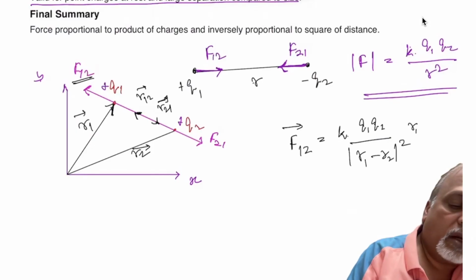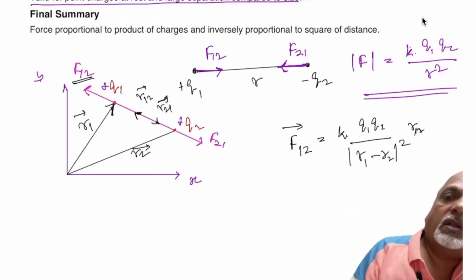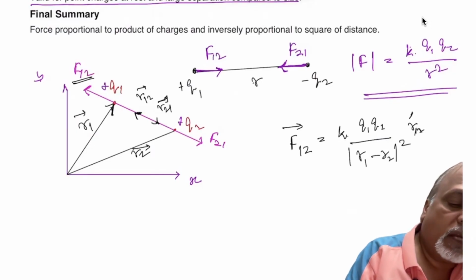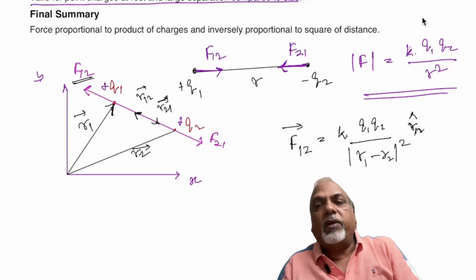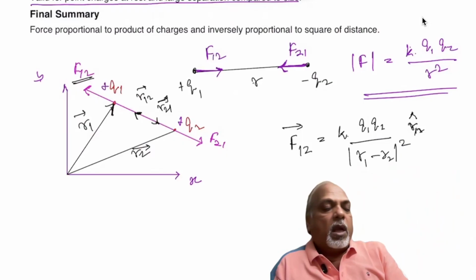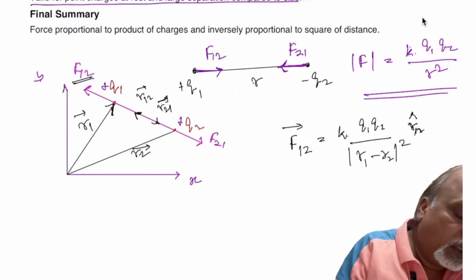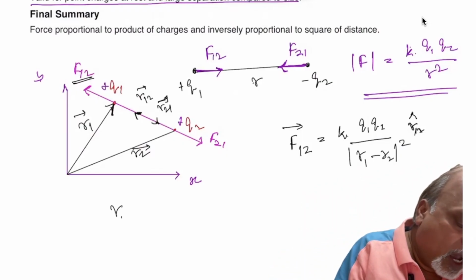And then, of course, since the left side is in vectorial form, the right side also you have to write the unit vector of this R12. What is this? R12 is nothing but R1 minus R2.